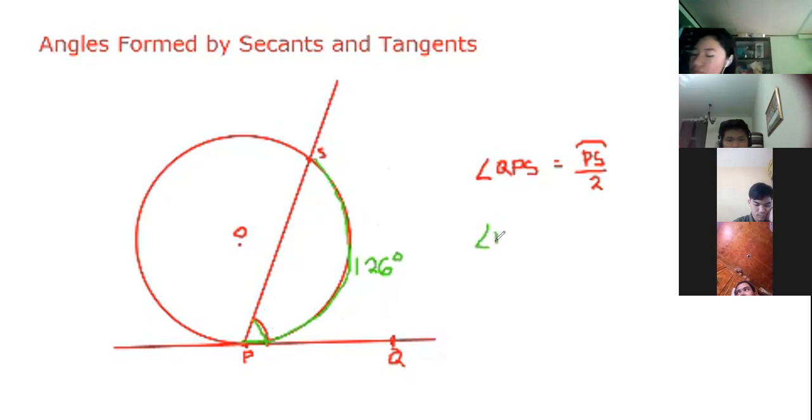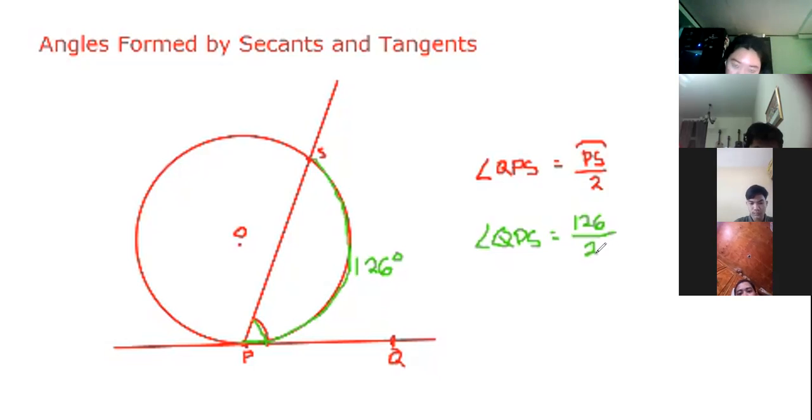So, arc PQS, QPS pala, sorry, PQS ako. QPS, arc QPS is equals to PS, which is 126 degrees, divided into 2. So, 126 divided into 2, that is 63.